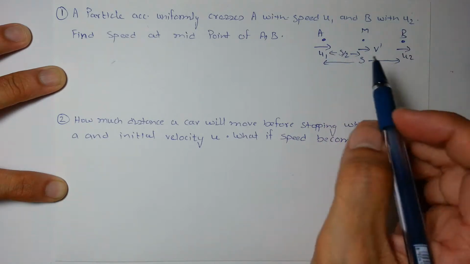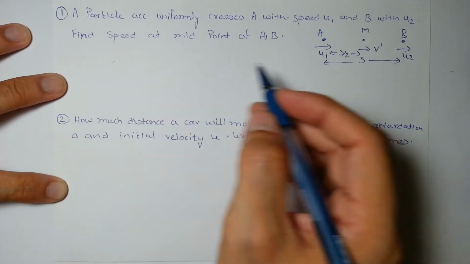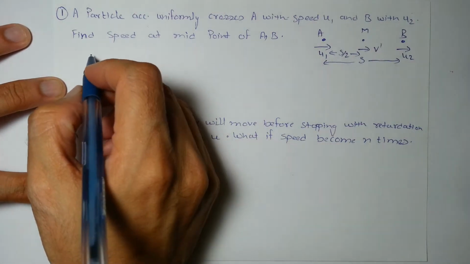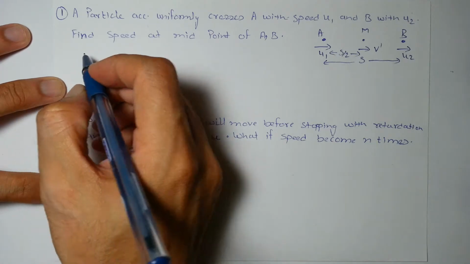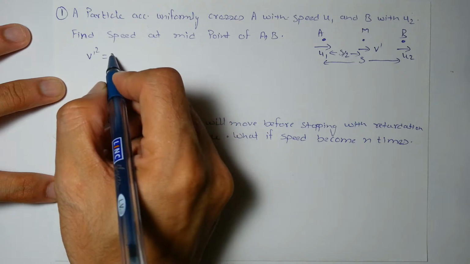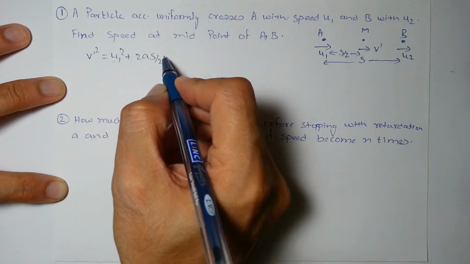So how do we solve this? We have to find v dash. From A to M, we write the equation v dash square is equal to u1 square plus 2a times s by 2.